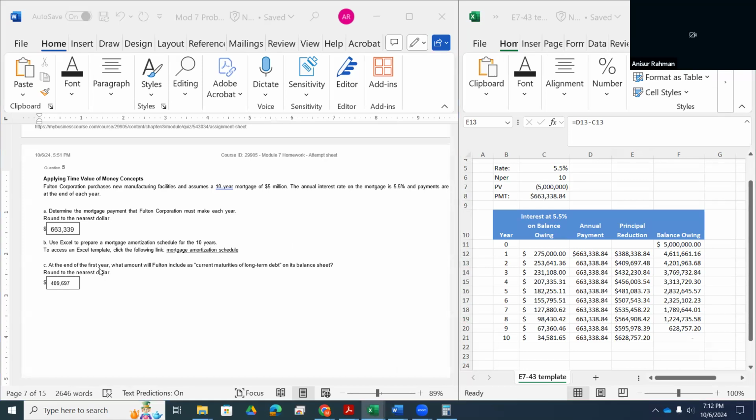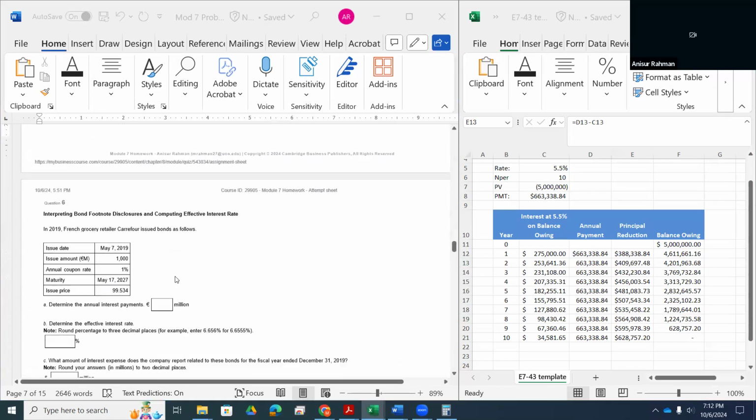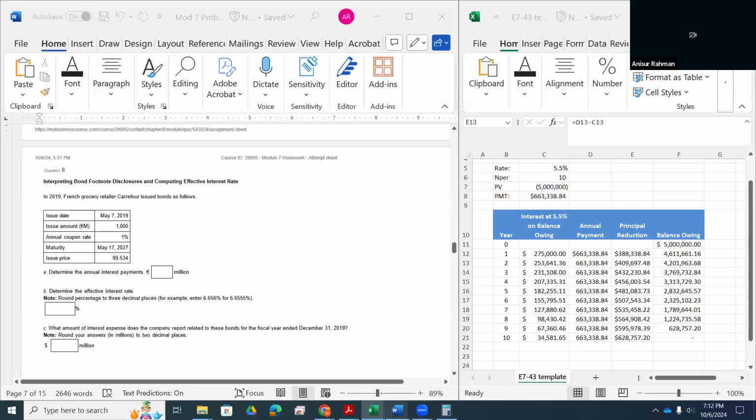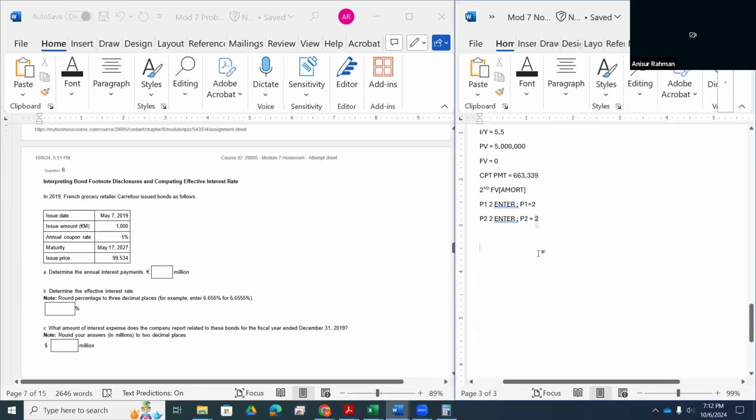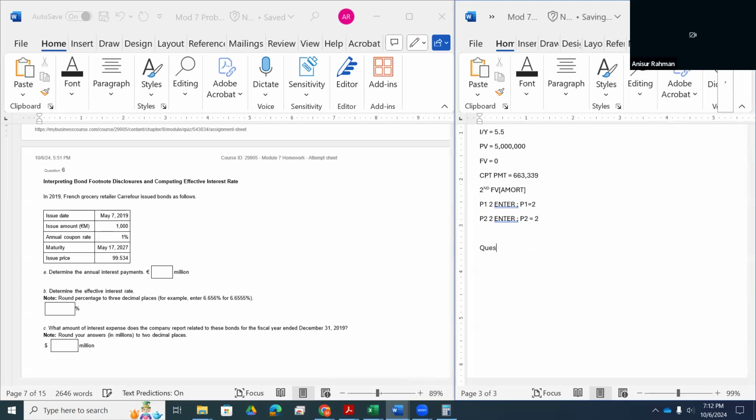Let me move on to question 6. Question 6, interpreting bond footnote disclosure and company effective interest rate.